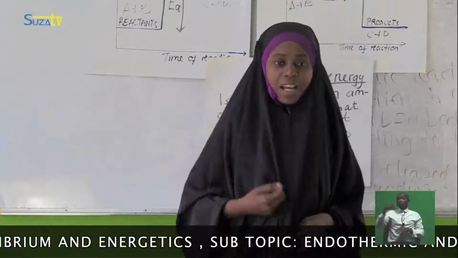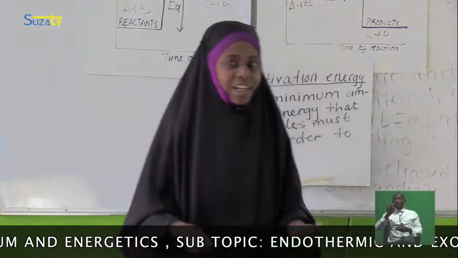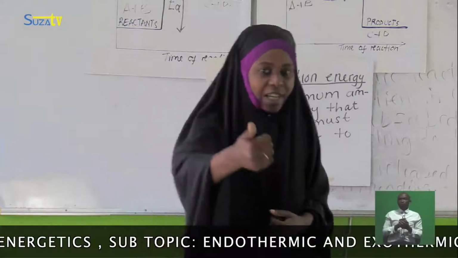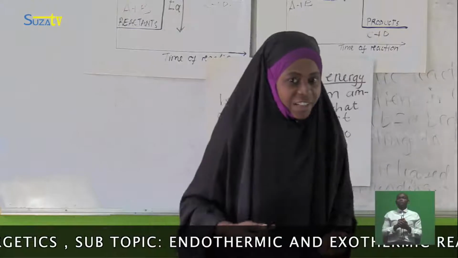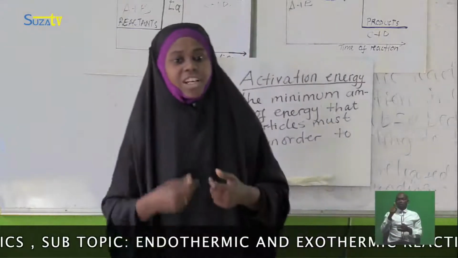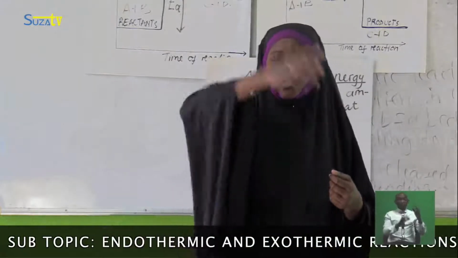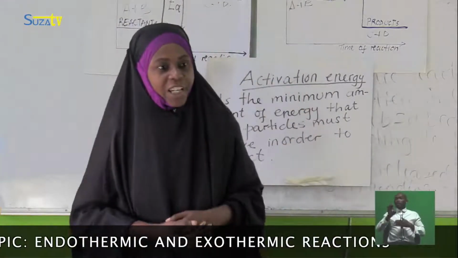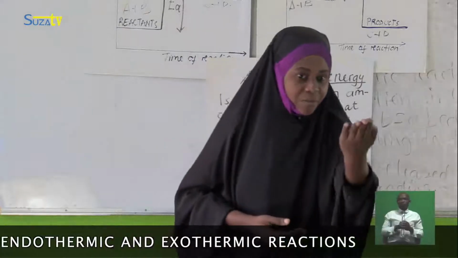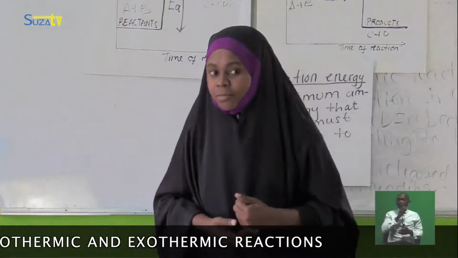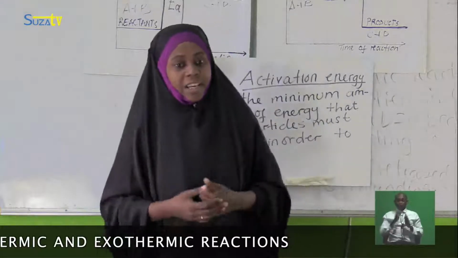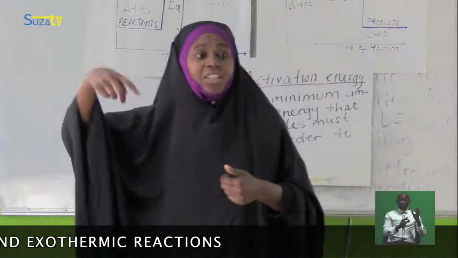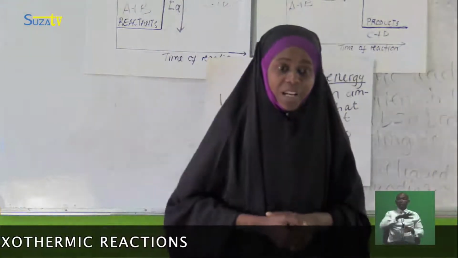Today we have learned about endothermic and exothermic reactions. We have said that an endothermic reaction is a reaction in which heat is absorbed from the surrounding into the reaction. And an exothermic reaction is a reaction in which heat is released to the surrounding from the reaction.